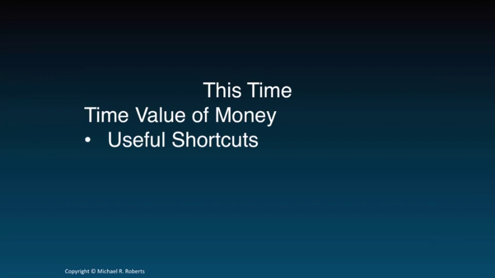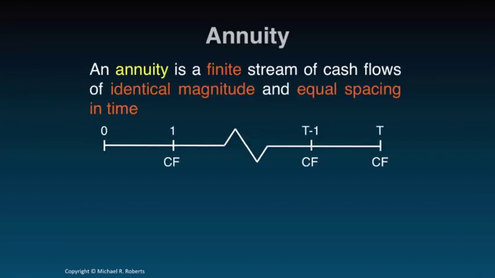So let's get started. The first thing I want to talk about is an annuity. An annuity is a finite stream of cash flows of identical magnitude and equal spacing in time. And I've highlighted key elements of this definition. So here's a timeline representing an annuity. First key feature of an annuity are cash flows of identical magnitude.